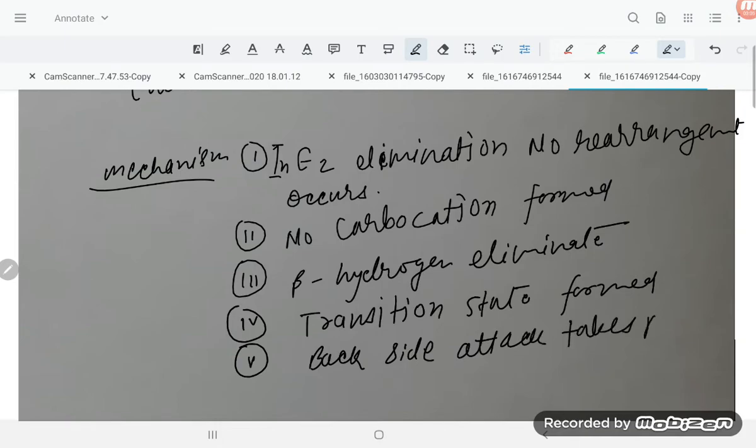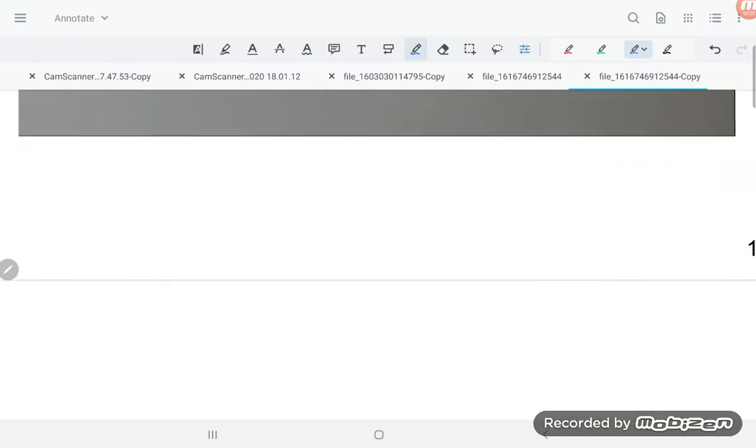This point you need to memorize, then only you will be able to understand. To summarize: in E2 elimination no rearrangement occurs, no carbocation forms, beta hydrogen is eliminated, a transition state forms, and backside attack takes place. So let us have a look.